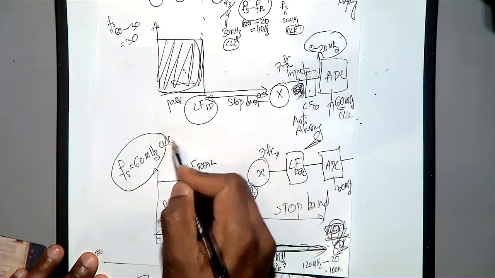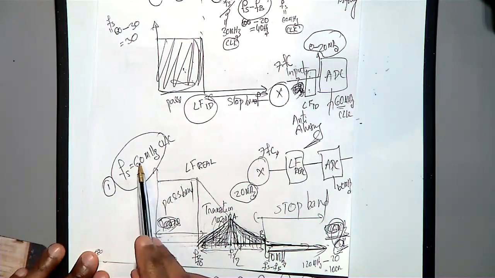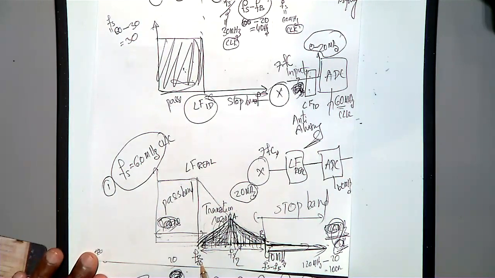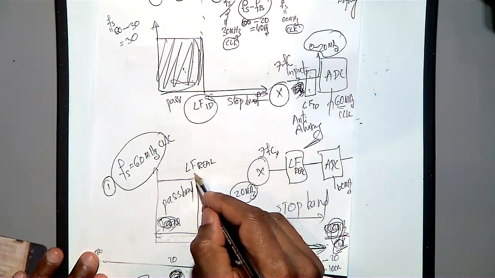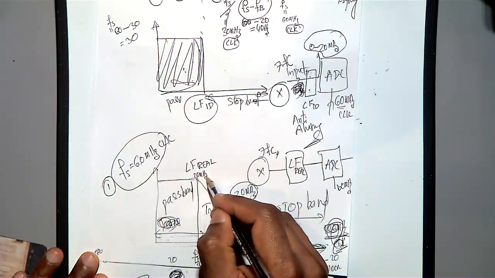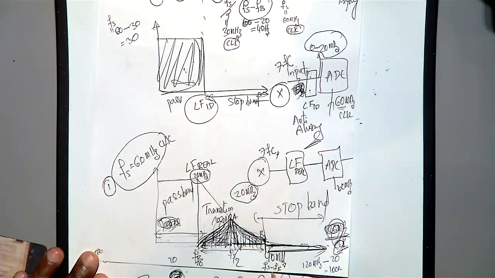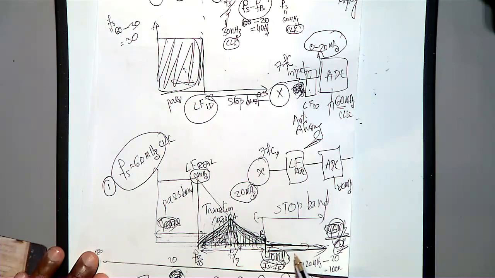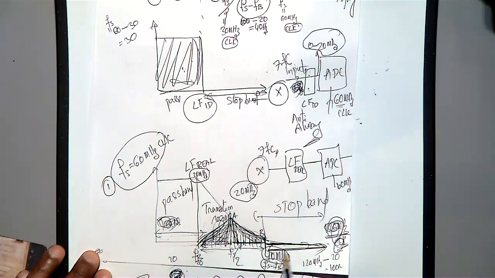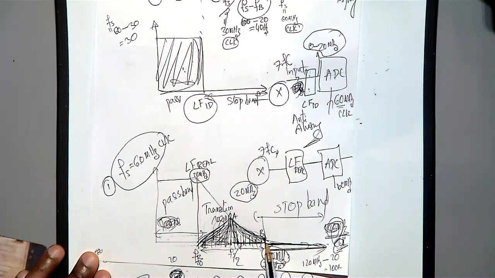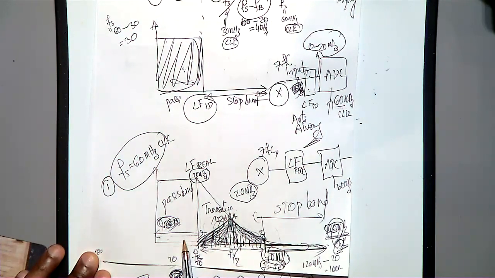Case 1: you have a 60 megahertz clock and your frequency of interest is 20 megahertz. Then Fs minus Fb equals 40 megahertz. Whatever is coming after 40 megahertz, we have to stop at 40 megahertz. If something is coming after 40 megahertz, it will fold back into this region.